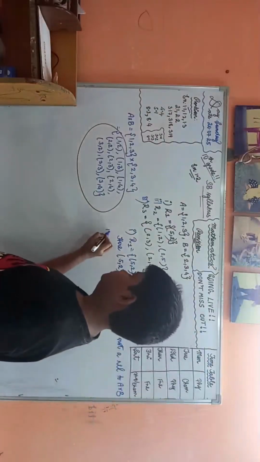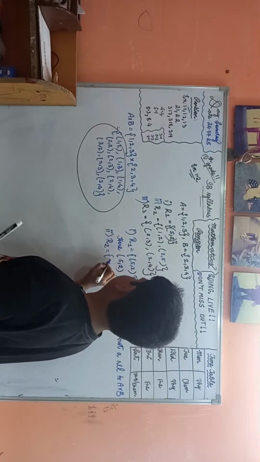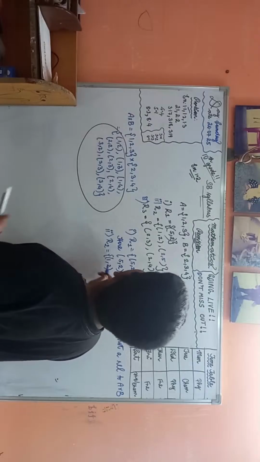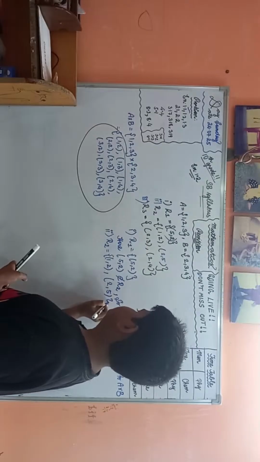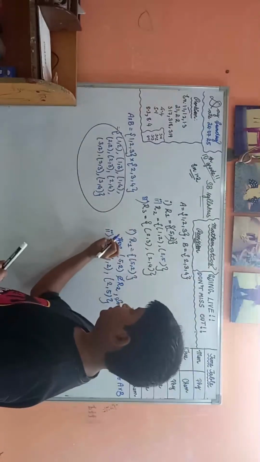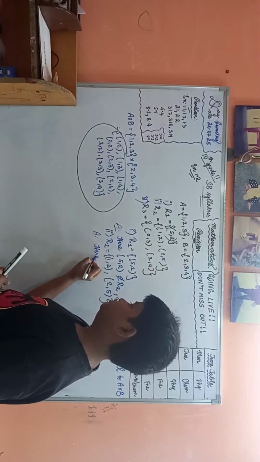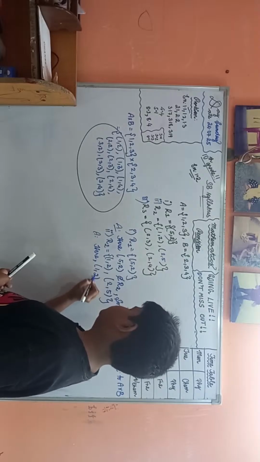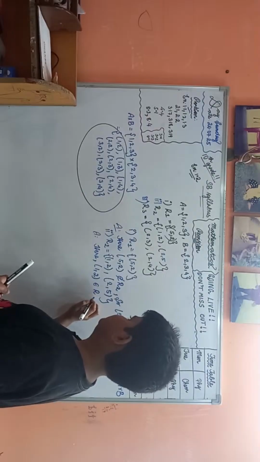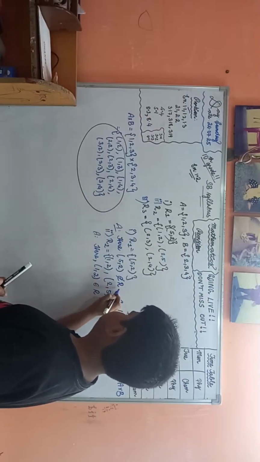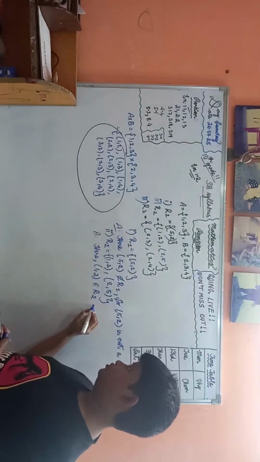Now the second answer will be R2 relation is equal to {(1, 2), (2, 5)}. So (1, 2) is there, so we can put that here. (1, 2) is a relation of R2.